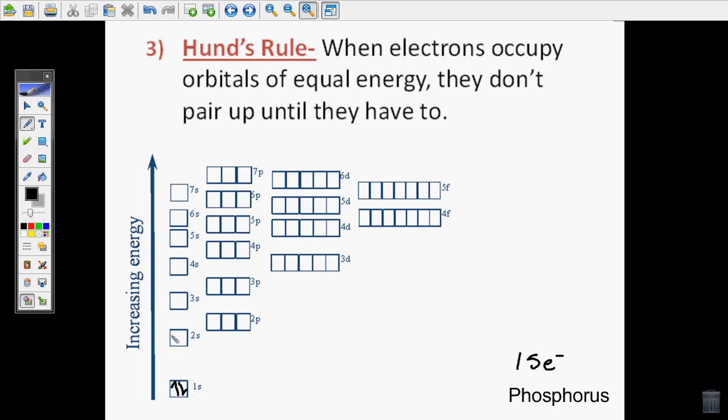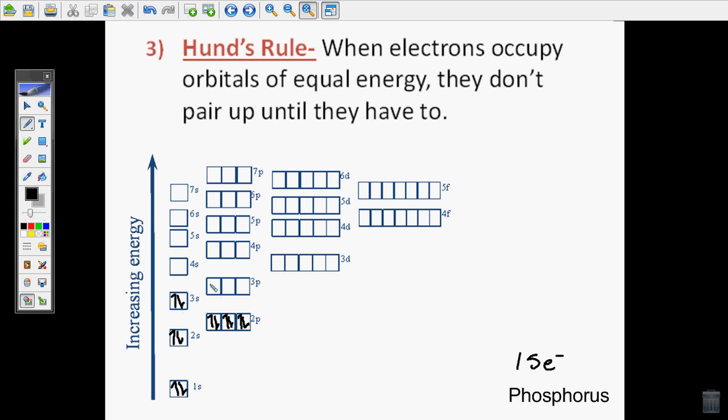So that's 2, 3, 4, and then Hund's rule says they don't pair up until they have to. So 5, 6, 7, 8, 9, 10. Okay, so that row's full. 11, 12.